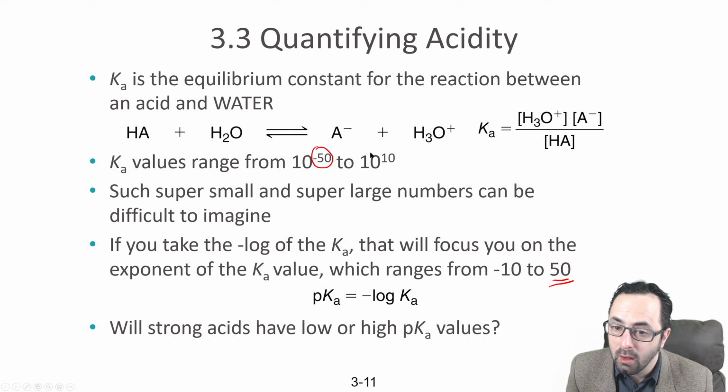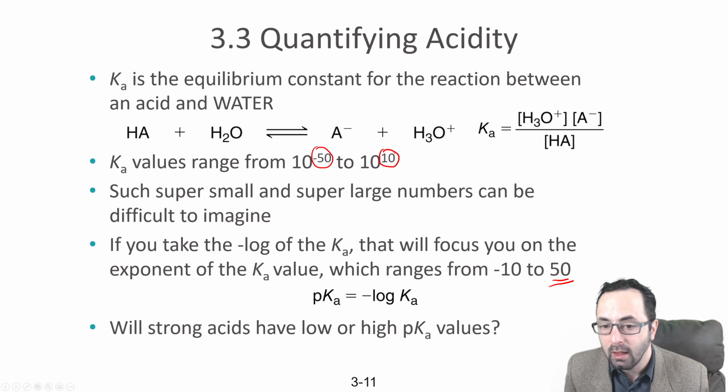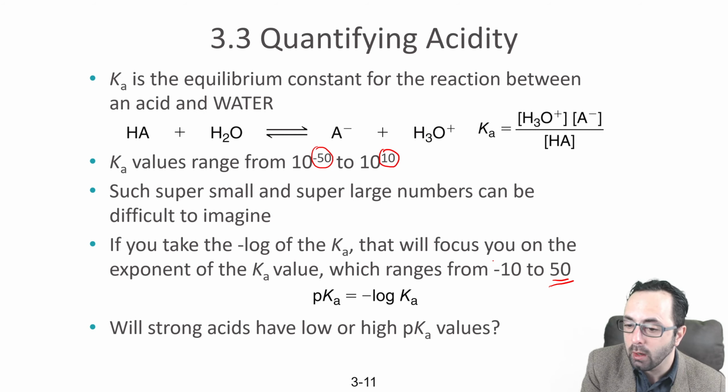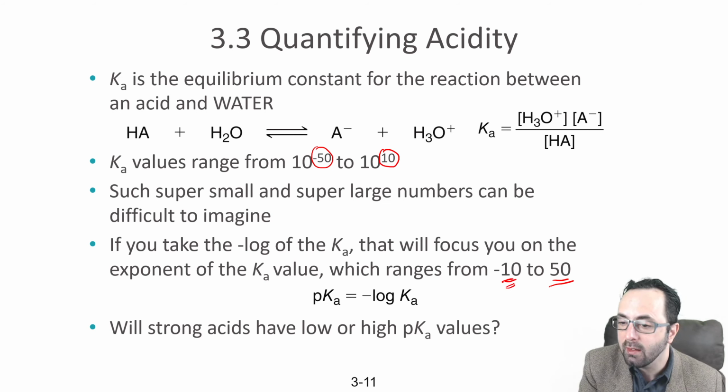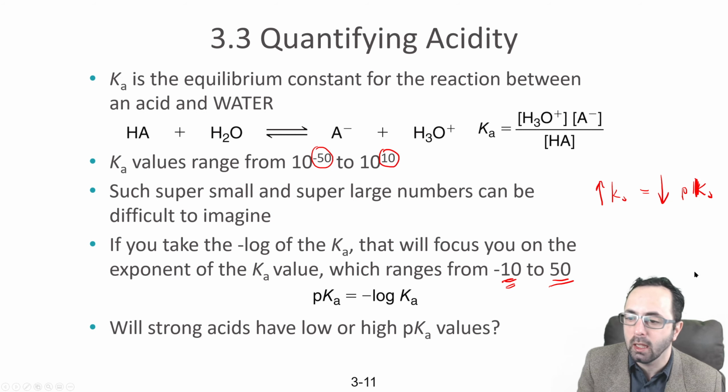And likewise, if we take the log of 10 to the 10th power, the result is 10. And so that would be the log of the Ka, then we put a minus, so that would be minus 10. So that's this lower end here. So as you can see, the bigger the Ka, the smaller the pKa. Like here, bigger Ka, smaller pKa, it can even be negative.